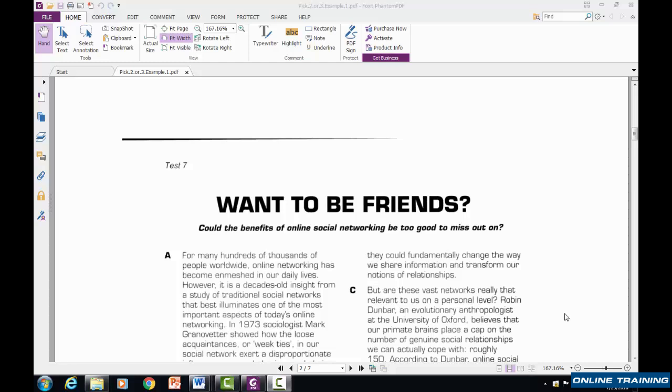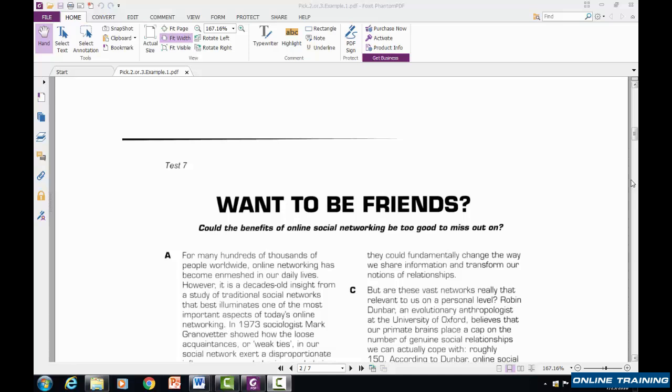The reason why is when you do a pick two or three from a list question last and do the other ones first, you'll have a chance to look at a lot of the passage, and then doing a pick two or three question is going to be much easier to handle. All right.